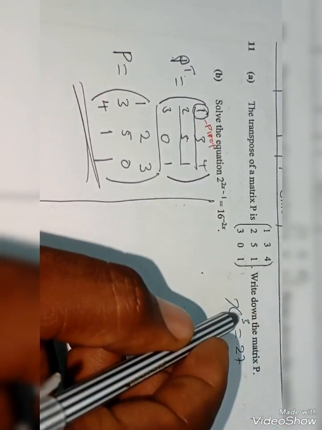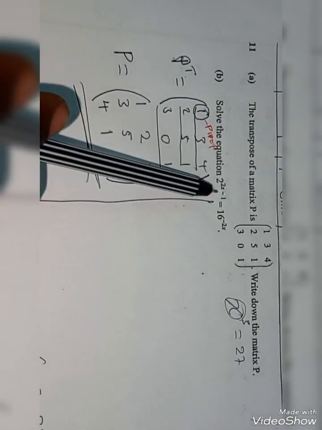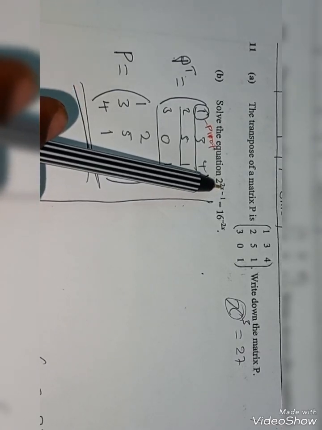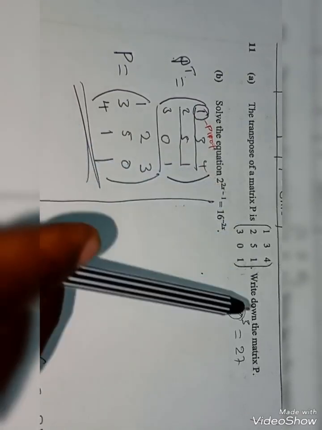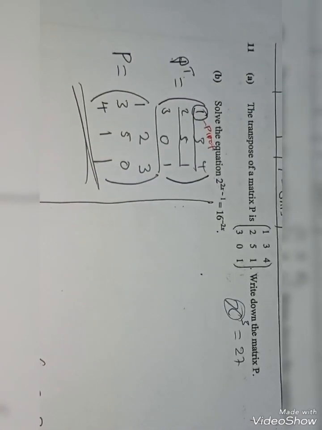Suppose we have something like this, how do we find the value of x? You need to know both of them. In this case, the variable is a power. So when the variable is a power, what do we do? When the base is a variable, what do we do?